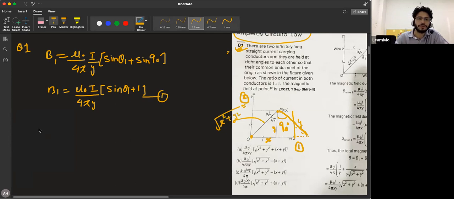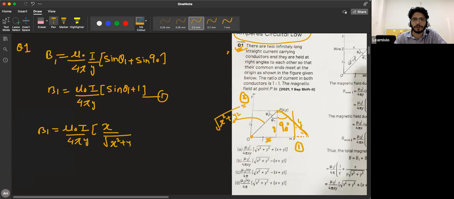So when you substitute, B1 is mu naught I over 4 pi y, and sine theta 1 is perpendicular upon hypotenuse, which is x over root of x squared plus y squared, plus 1.